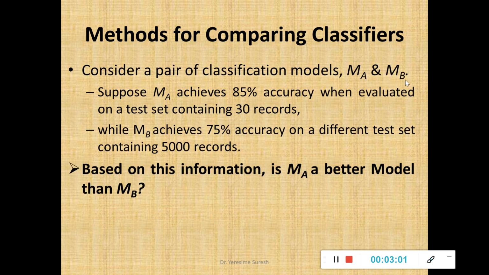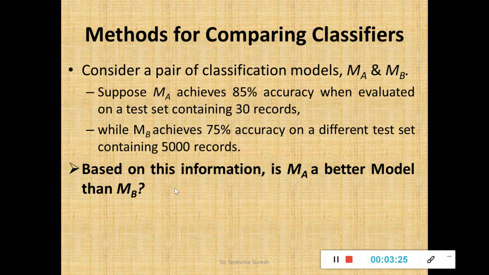which I represent as MA and MB. I am using the notations MA and MB for the classifier models A and B. Now suppose that model A achieves 85% accuracy and model B achieves 75% accuracy, and model A has achieved this 85% accuracy for 30 records, whereas model B has achieved its accuracy for 5000 records.